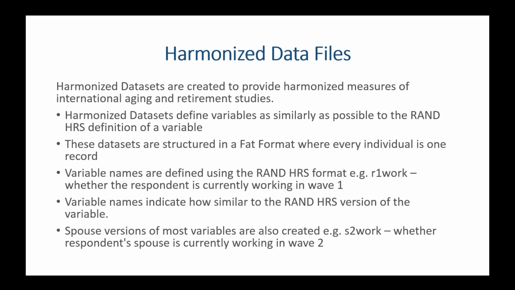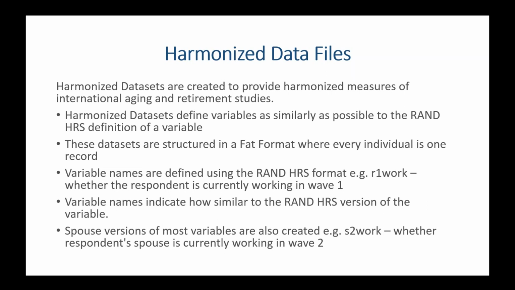Then we would still create a variable for that, but we would change the variable name from R1WORK to R1WORKM, just to indicate that that is an MHAS-specific variable and shouldn't be treated as an exactly harmonizable corollary to the RAND-HRS version. We have lots of documentation provided to you about why this is, and we'll look at that.